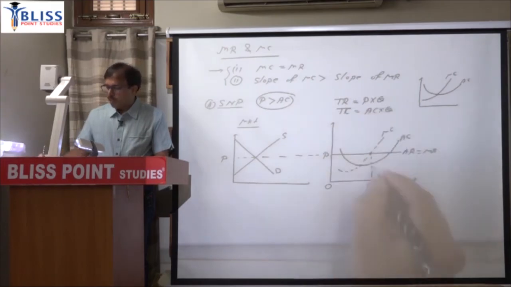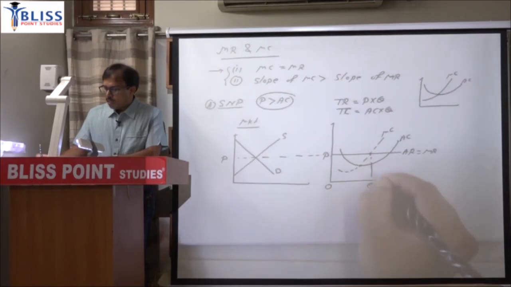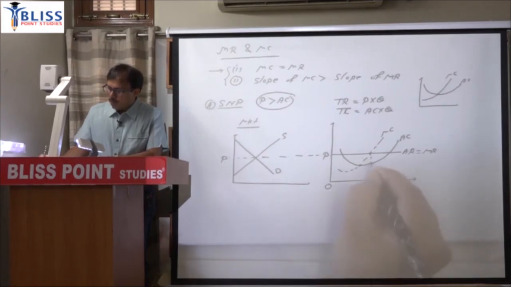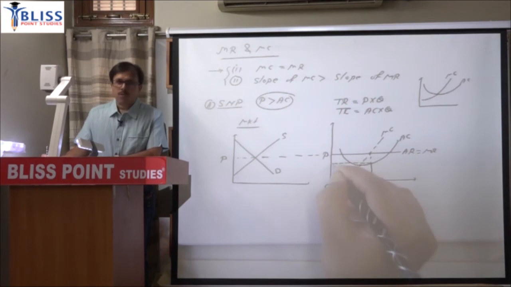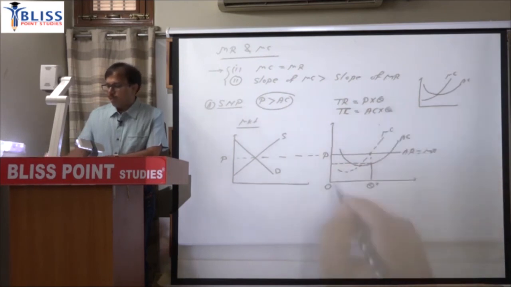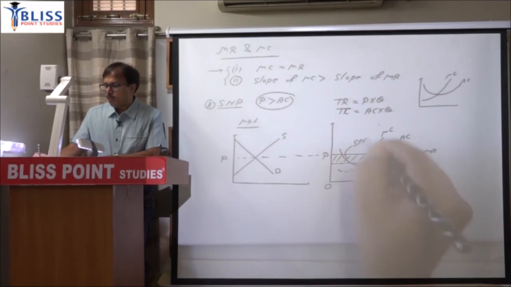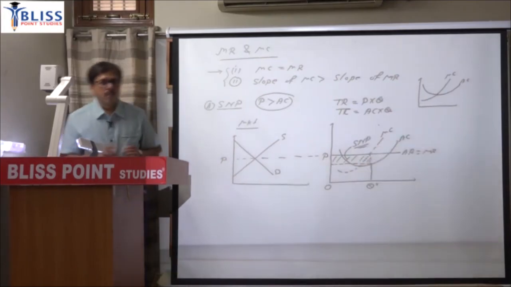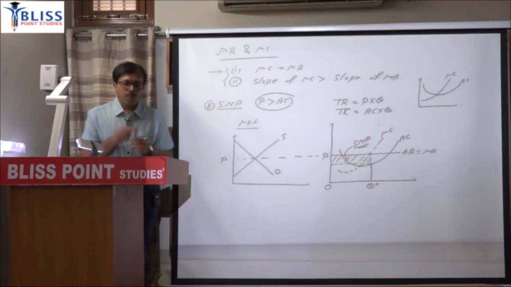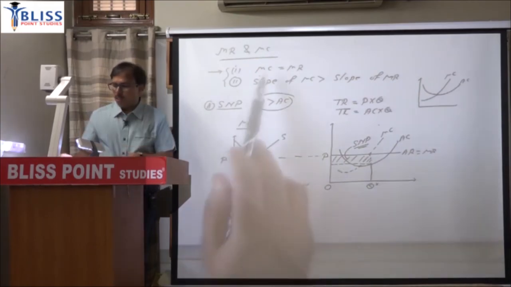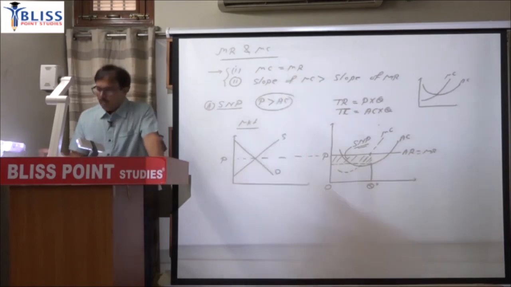You know this much is quantity and this is average cost, so this into this rectangle will be the area of cost. So revenue minus cost. Revenue is this larger one, cost is this smaller one. That difference, or this rectangle, will be the area of supernormal profit. Clear? Graphically, first you have to mark the point where MC is equal to MR, because the condition requires equality of MC and MR. Then determine the area of revenue, determine the area of cost, and then the difference of revenue and cost will be the area of profit.